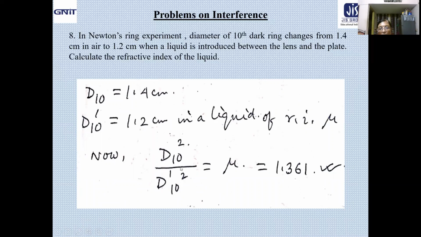Be very careful. Dn squares, if you don't use the square, your answer will not come. What is the value of mu? 1.361. The question is very easy, but you have to correctly write the formula. I am repeating time and again, be careful at this point. And what theoretically you got in the last class, now in the form of a problem, it is also a type of application. Mind it.